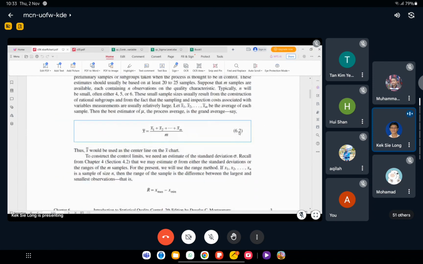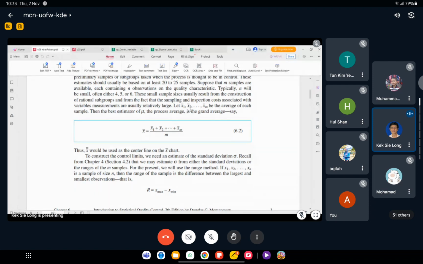But in equation 6.2, you see x bar 1 plus x bar 2 plus until x bar m over m. If you still remember, I mentioned to you the mean of the mean. The mean of the mean refers to x bar bar in equation 6.2.